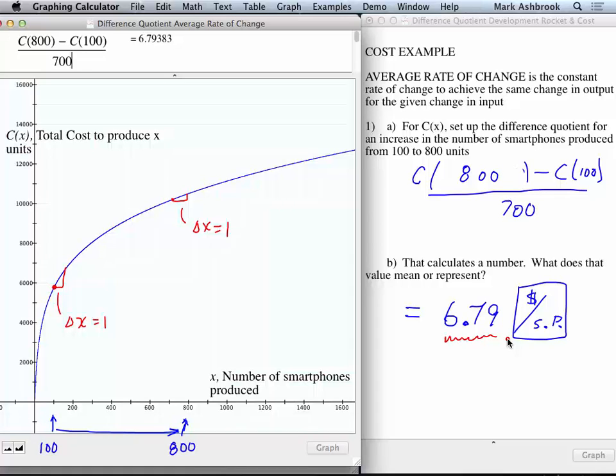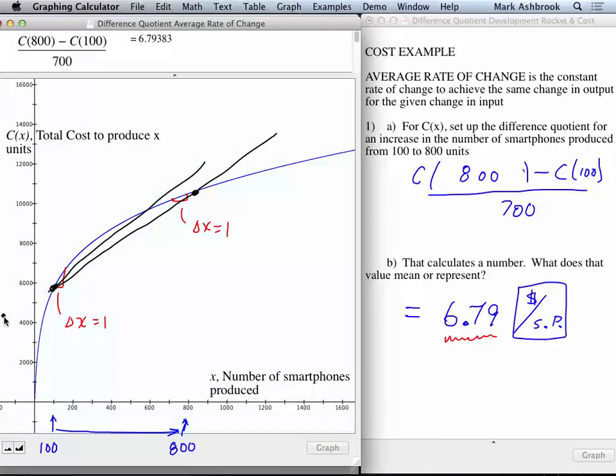Okay, and that 6.79 could be shown by the slope of the line through those two points. It's terrible, but it's supposed to be here and here. I'll try one more time.